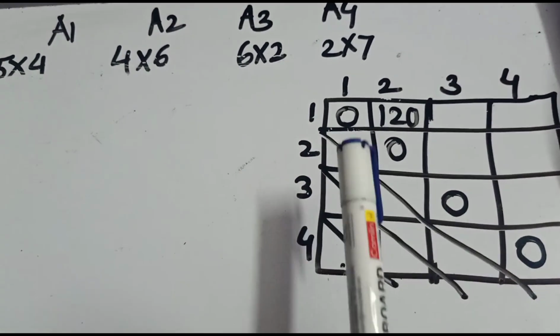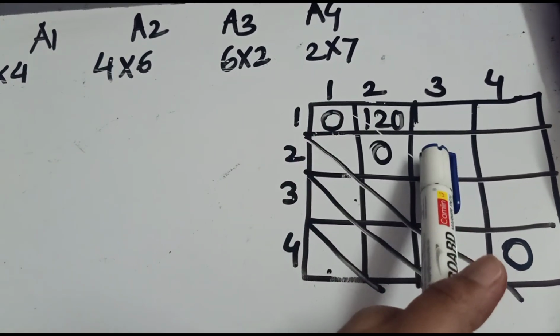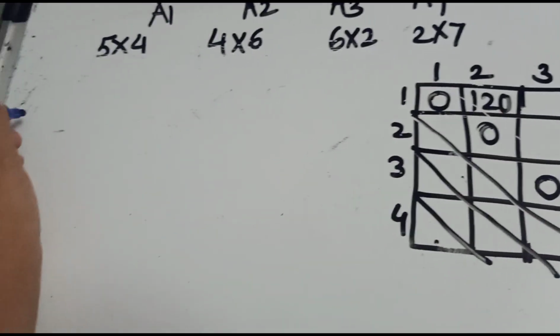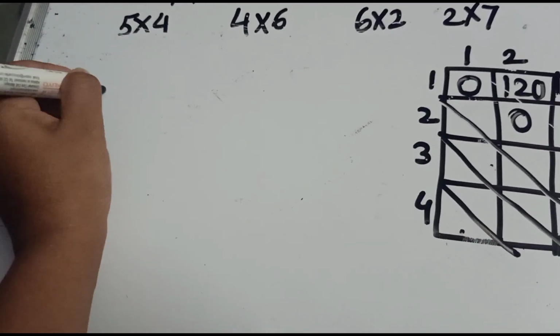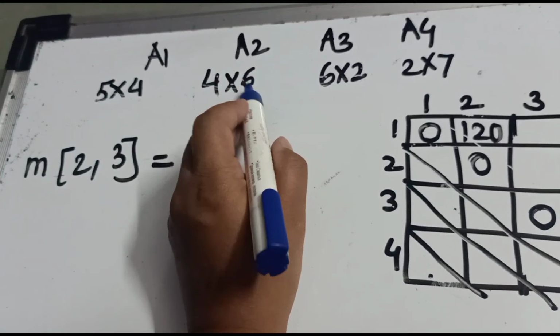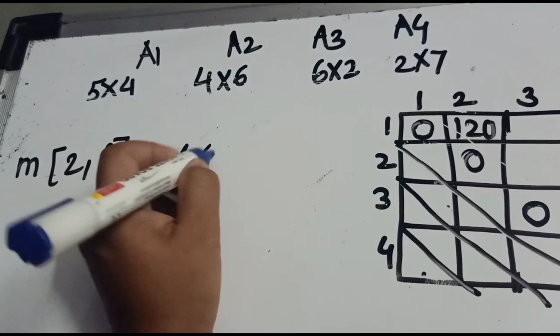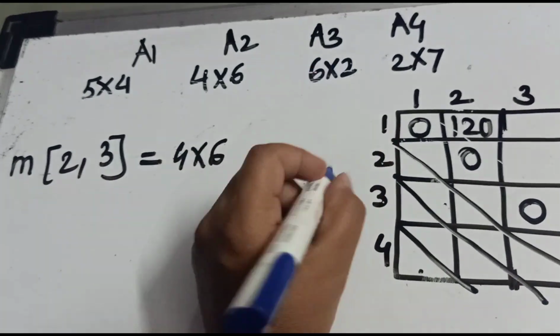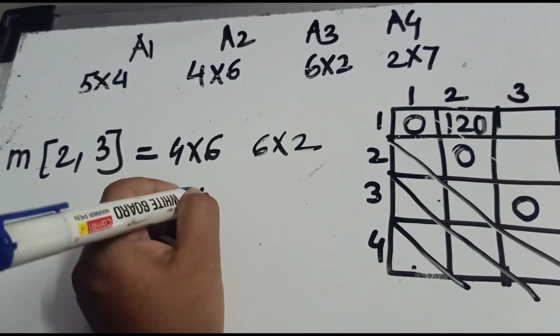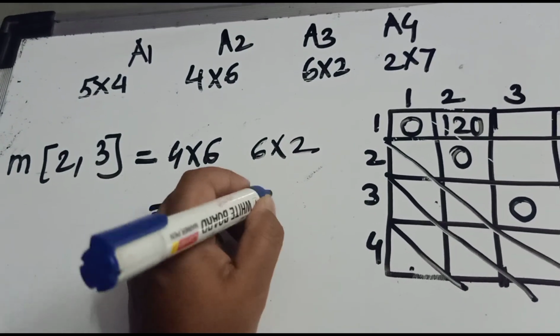Now as we are going to fill it diagonally, we have to fill this value, which is 2 with 3. So we have to find m of 2 comma 3. A2 has dimensions 4 by 6, A3 has dimensions 6 by 2. 6 is common, so it will be 4 by 6 by 2.